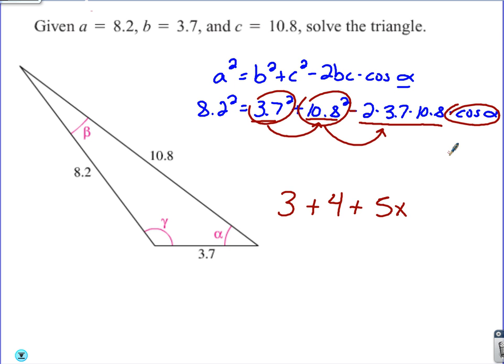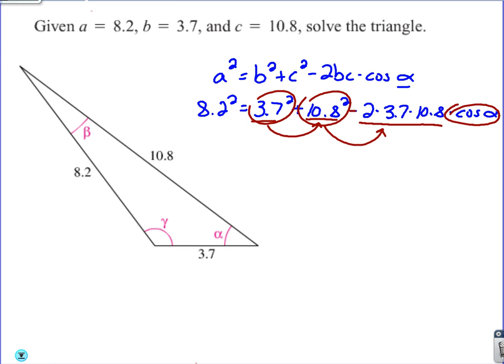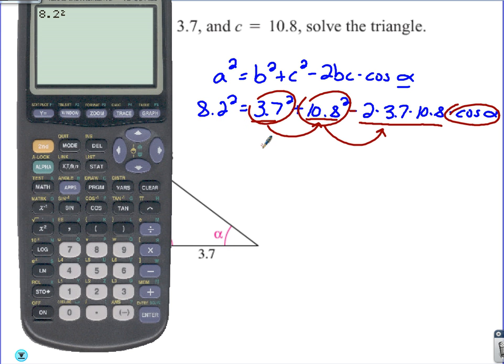Here's how I actually work these, though. Watch how I type it into my calculator. Maybe this will help make these problems a little bit quicker. Clear. I've got 8.2 squared, and because we want to isolate cosine, I'm going to move over 3.7 squared and 10.8 squared by doing this: minus 3.7 squared minus 10.8 squared.